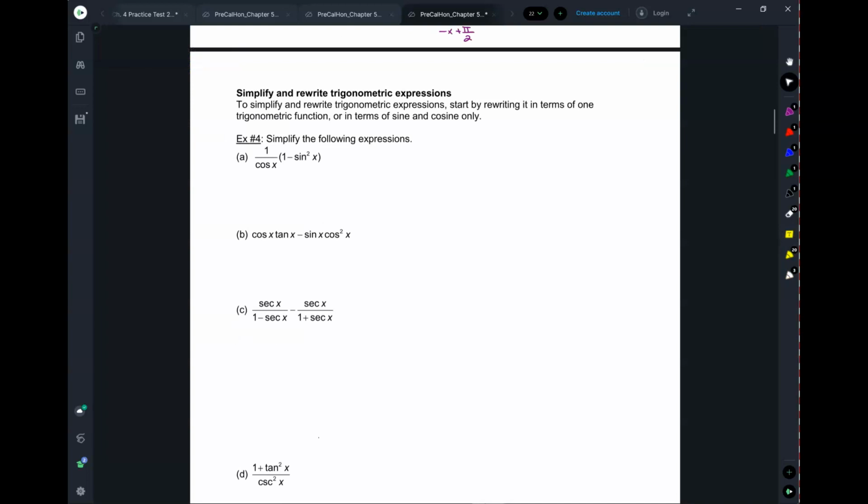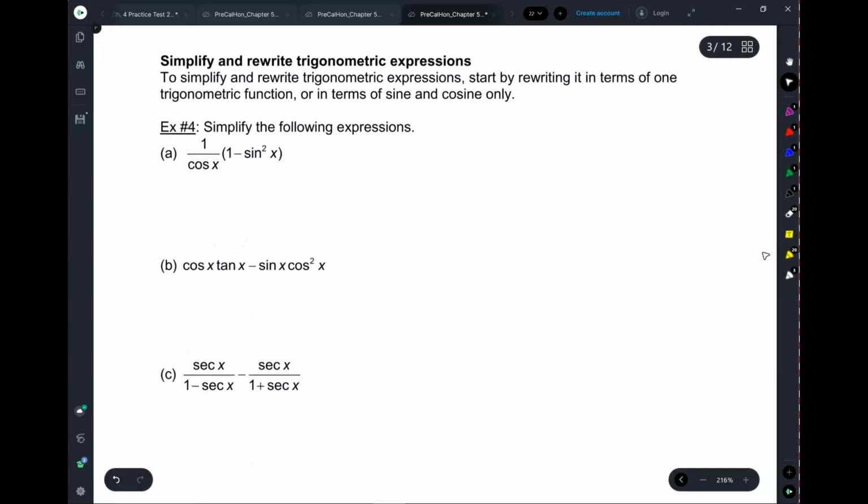Okay, so let's simplify some of these. Here I have 1 over cosine x times 1 minus sine squared x. This I can't really do much with. Now, I have another term here, 1 minus sine squared x. That is a special format, right?